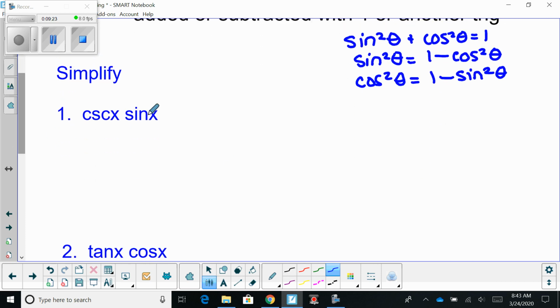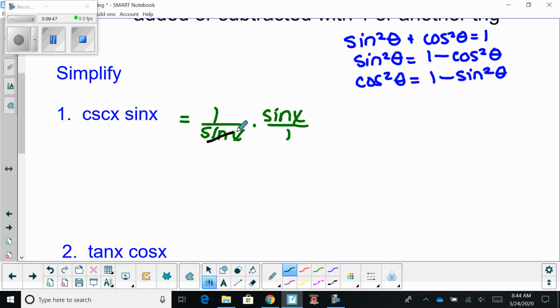This first example here, simplify cosecant times sine. And I will post these notes also. If I want to convert cosecant to sine, cosecant is the same thing as 1 over sine, times sine, which if you want to put a 1 under there, you can.